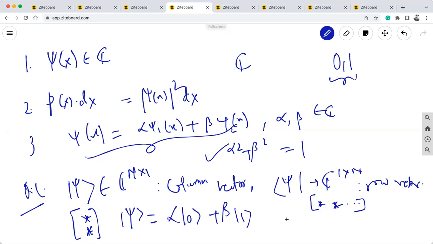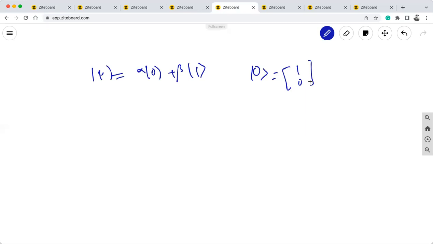And ket 0 and ket 1 are two vectors: ket 0 is 1 0 and ket 1 is 0 1.